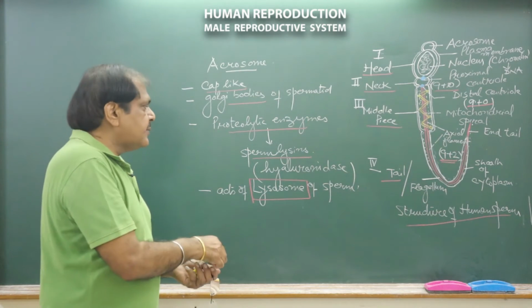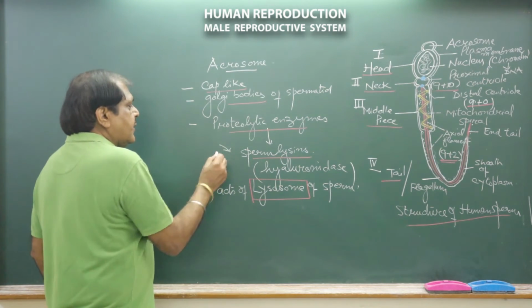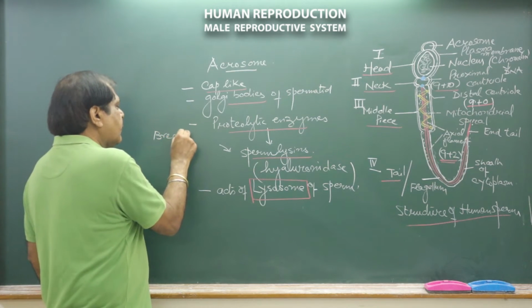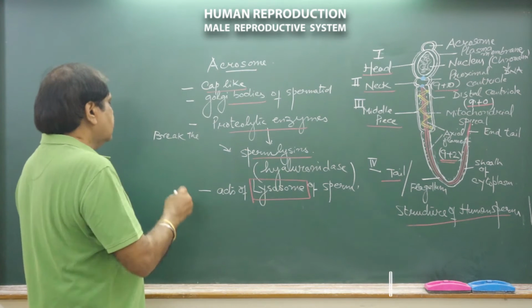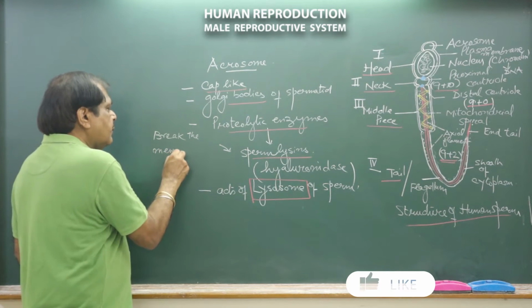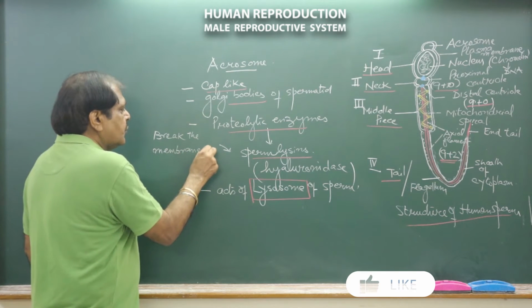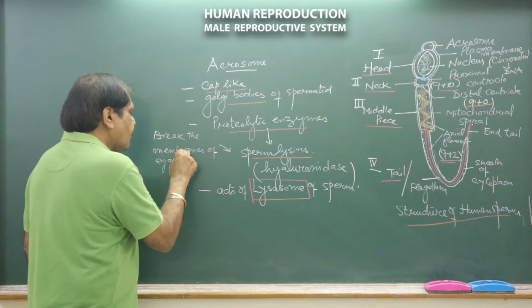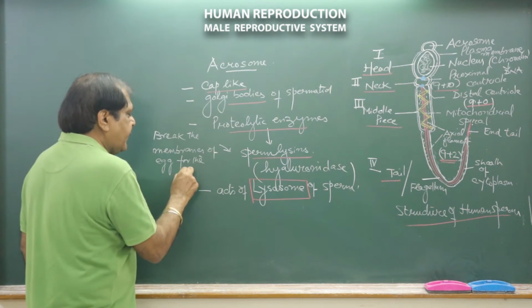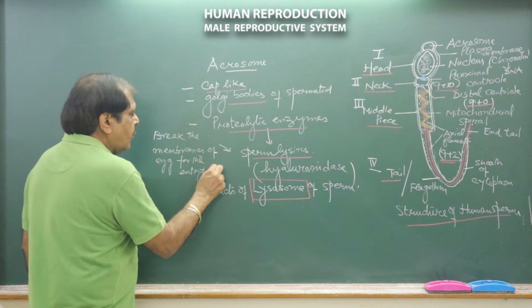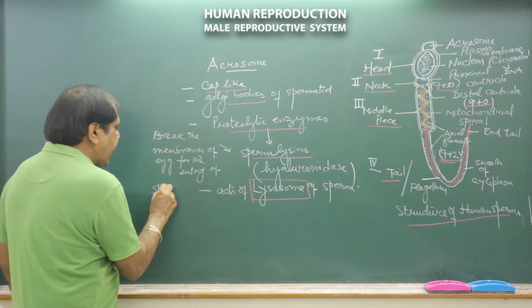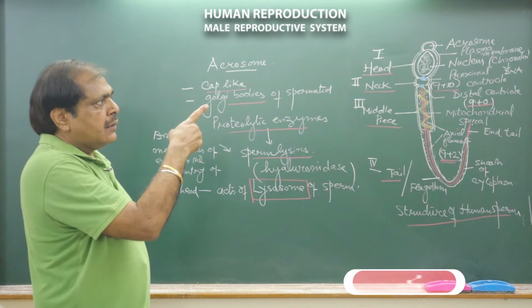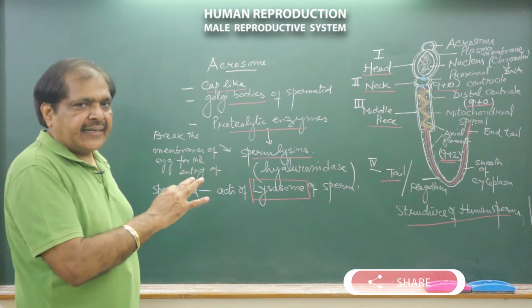These sperm lysins break the membrane of the egg for the entry of the sperm head, because only the proximal centriole and head enter the egg.